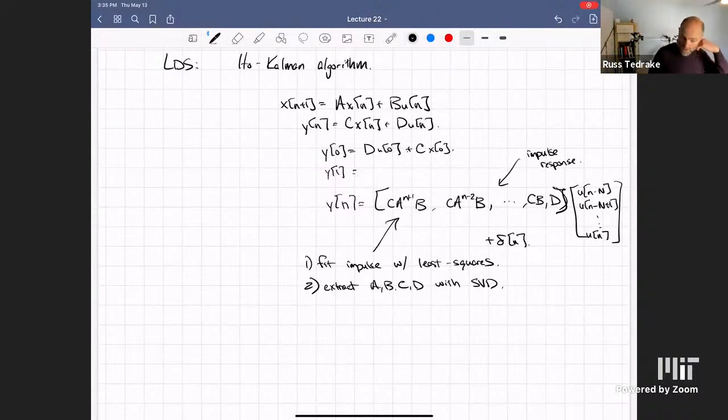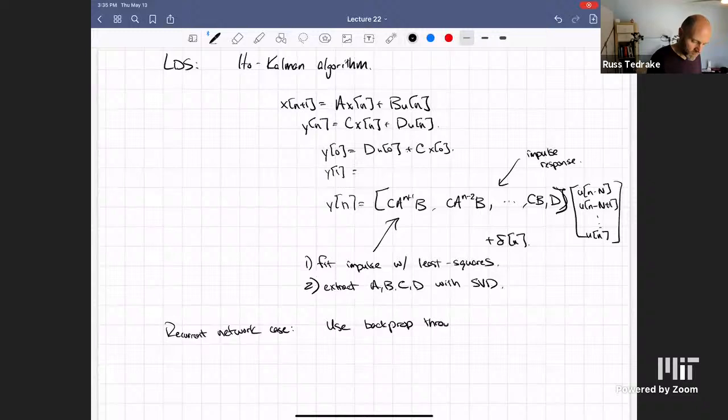In the neural network case, in the recurrent network case, we are again going to use backprop through time to train LSTMs.